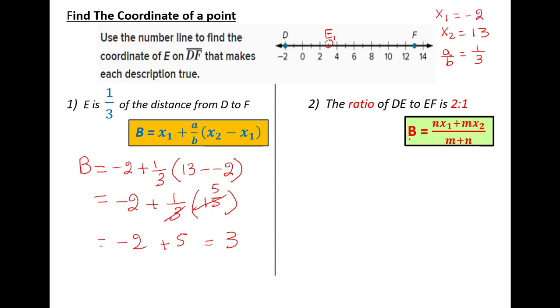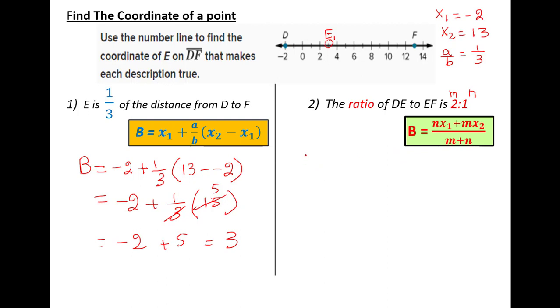Now, the second kind of equation has a ratio of GE to EF equals 2 to 1. So I'll use the same x1 and x2, but I'll put this m and this n. Okay, now I'll apply the other rule.